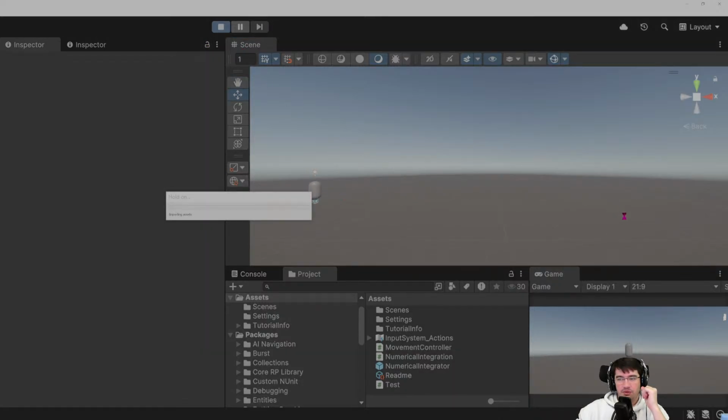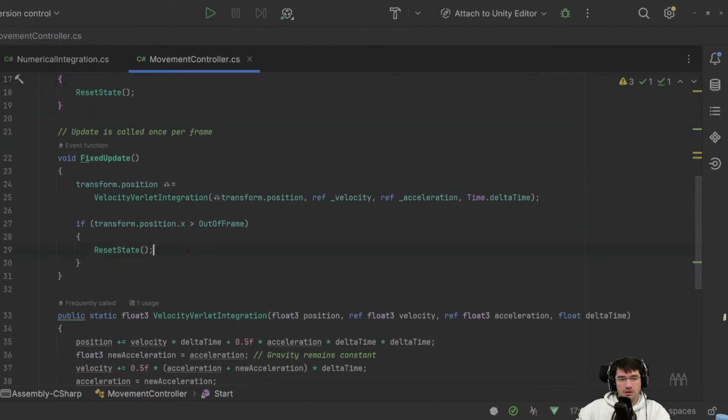One, two, three. So over there it should warp back. Okay, that is good.